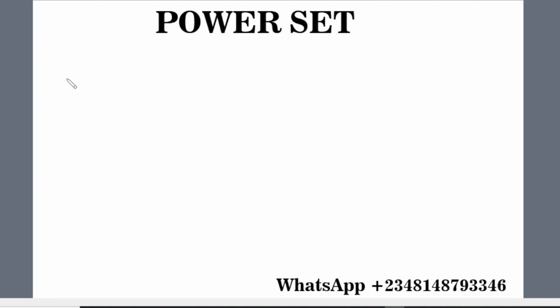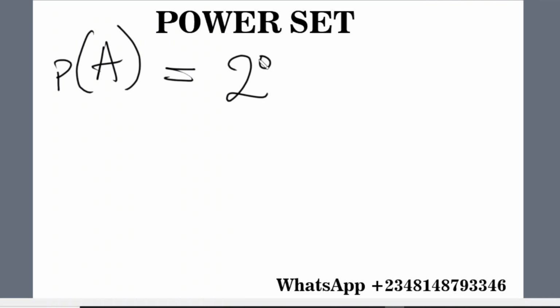So if we substitute, we would have P(A) equals 2 raised to power 0, and according to the zeroth law of indices, apart from 0, any number or base raised to power 0 is 1. So 2 raised to power 0 is 1.